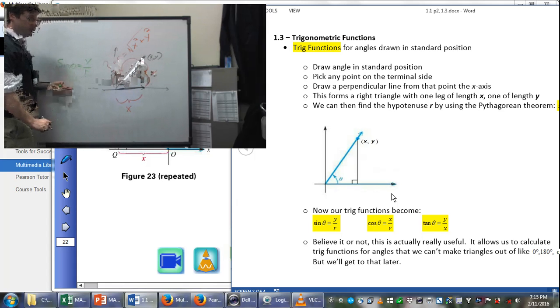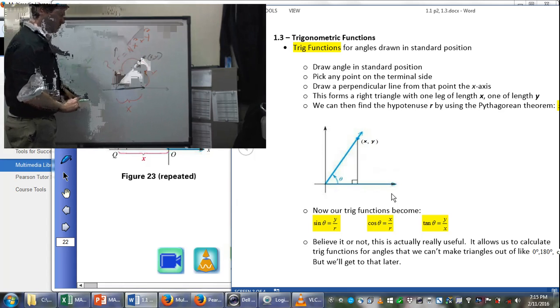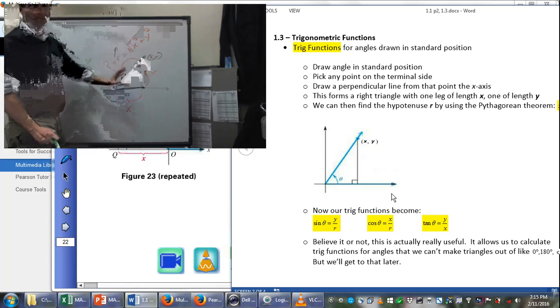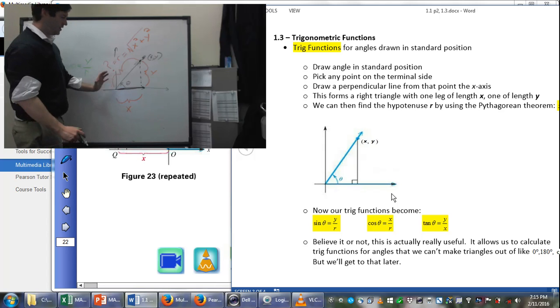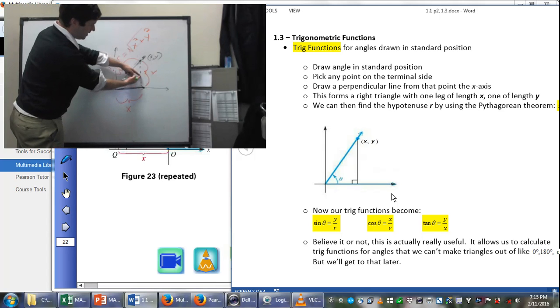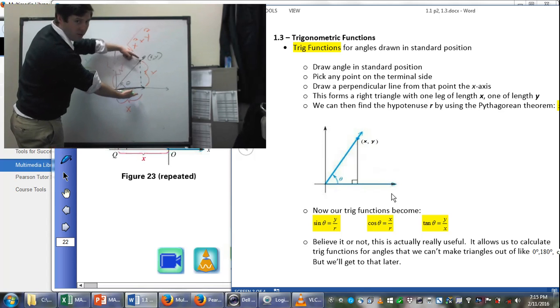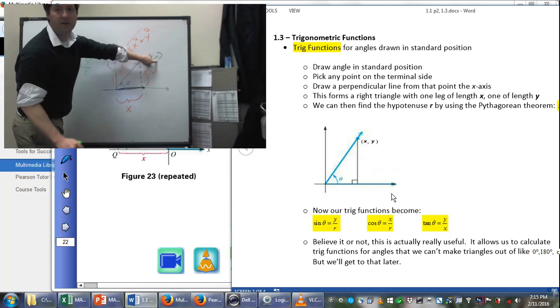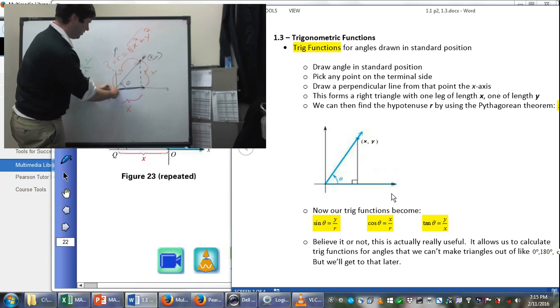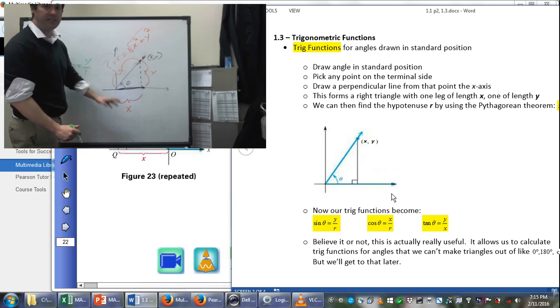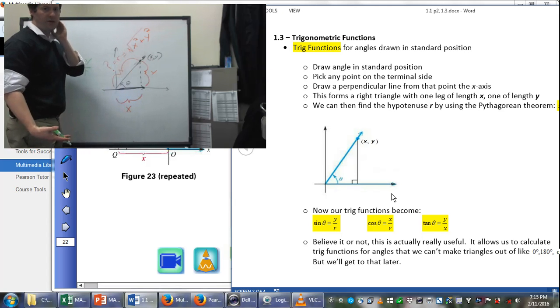Let's switch to green. Okay. Sine of our angle theta is y over r. But that's the same as it's always been. That's our same definition. We've got our angle. y is the opposite side.